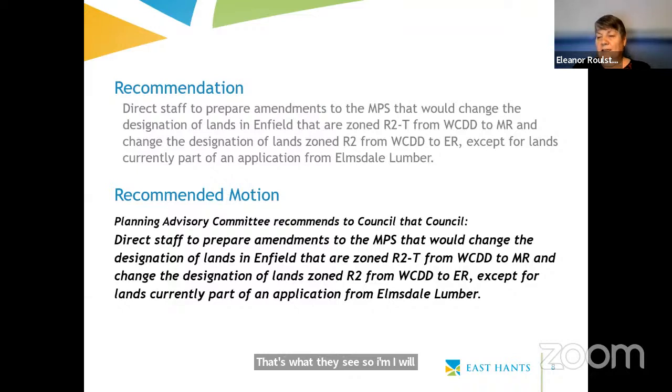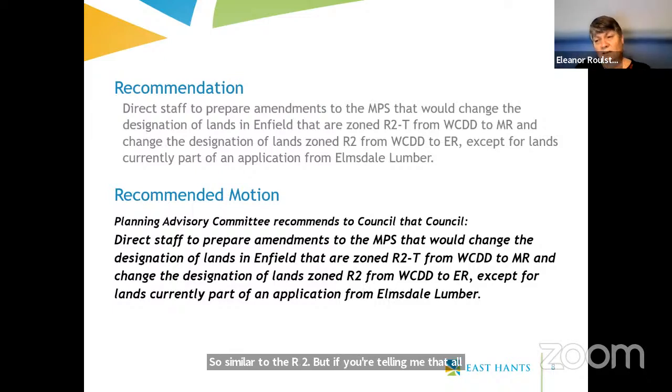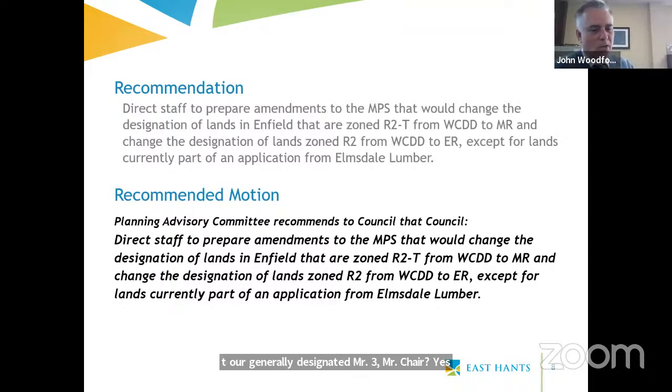I don't know if I'm in favor of changing the WCDD to MR or not, or if it should be changed to ER, similar to the R2. But am I correct in understanding that all R2T are generally designated MR? Through you, Mr. Chair, yes. I'm pretty sure this is the only one that's not.